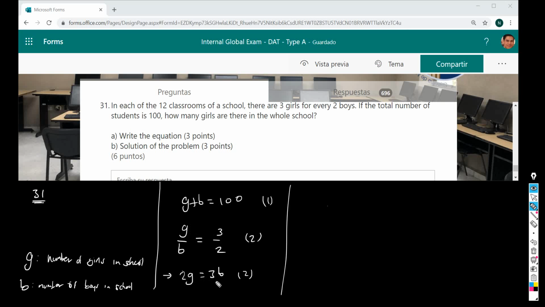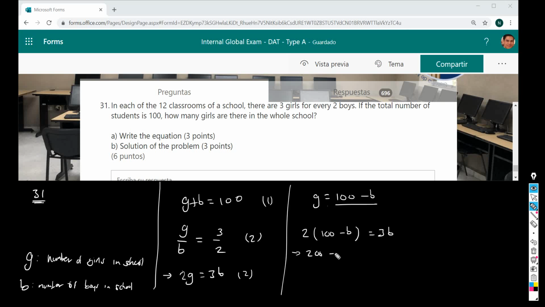For example, I can take G in this equation. I can write G equals 100 minus B. You see, I'm isolating G in this equation, and then I'm going to plug it into the other equation. It's going to be 2 times G, which is all of this, equals 3B, and that's it.